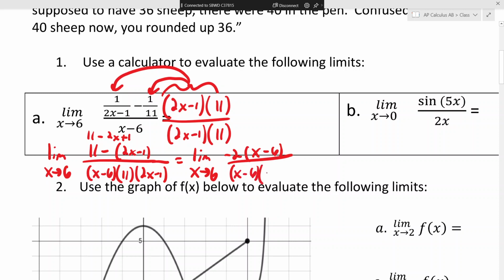And that's the x minus 6 we're looking for. That's when the x minus 6 cross out for us. That's super sweet. And you plug in 6, and you get negative 2 over 11 times 11, which is 121. So that's how we handle the fractions.